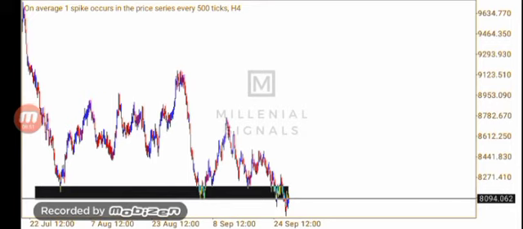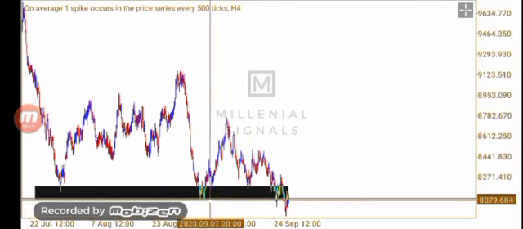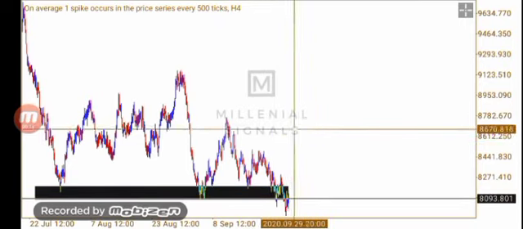So I've marked it out now, right? So here is our support, because you expect that when price comes into this area, you expect market to be rejected upwards.